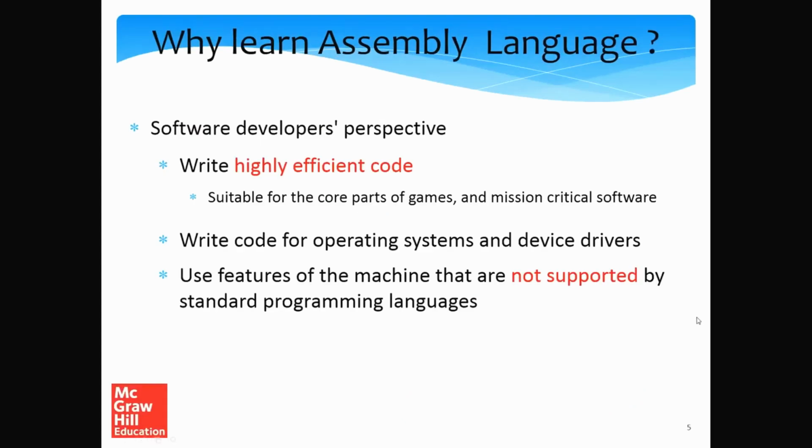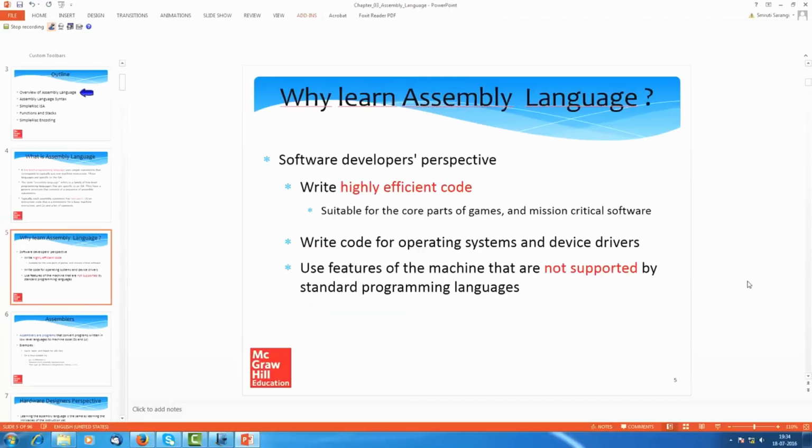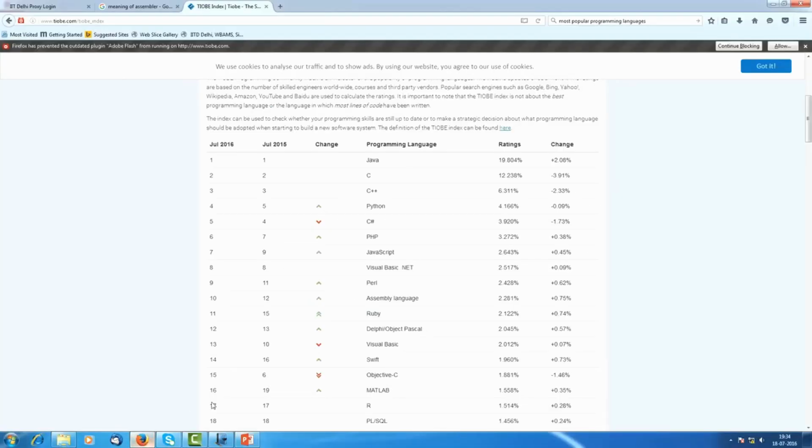Let us now take a look at the popularity of assembly. I have a browser window open which shows the popularity of the most common programming languages as of July 2016. The first three are the usual suspects, Java, C and C++. But let's scroll down to the 10th entry.